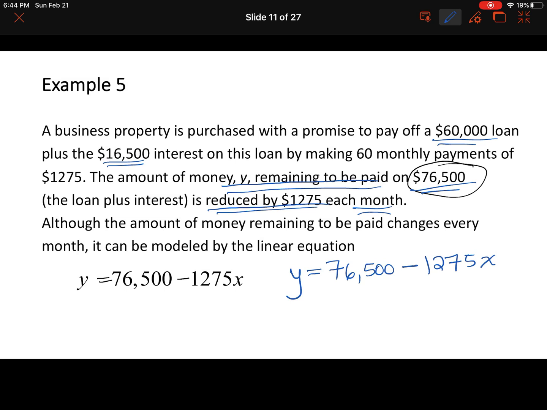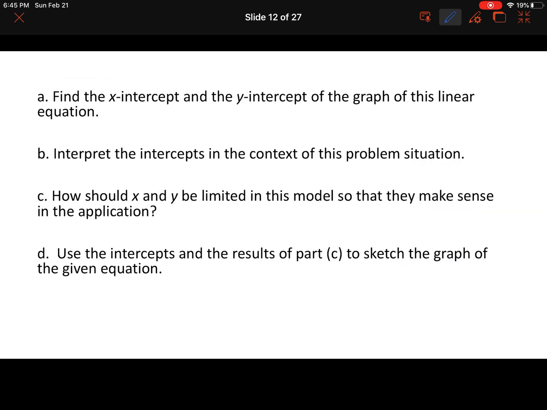All right, we're going to continue using this equation. It says find the x-intercept and the y-intercept of the graph of this linear equation. So we have y equals 76,500 minus 1275x. For this equation, the y-intercept is easy.